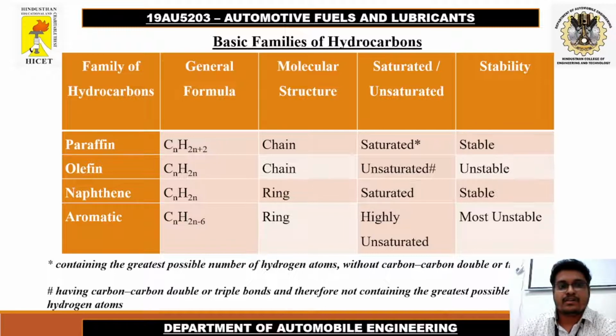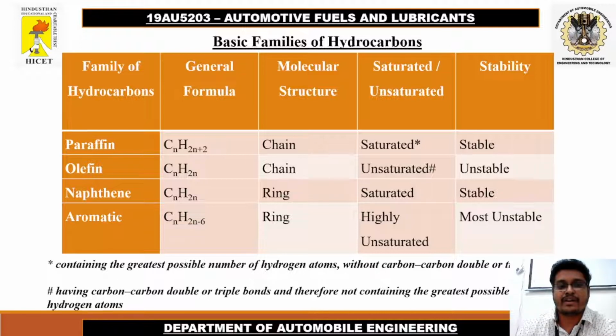Finally, the last type of hydrocarbon family, aromatic. This aromatic type of hydrocarbon family will have a general formula of CnH2n-6, and it will have the same ring type of molecular structure as naphthalene, but it is highly unsaturated and most unstable.